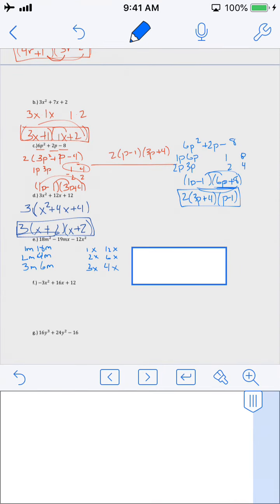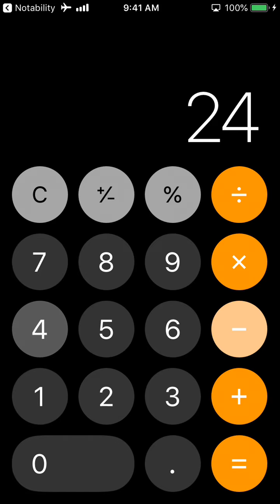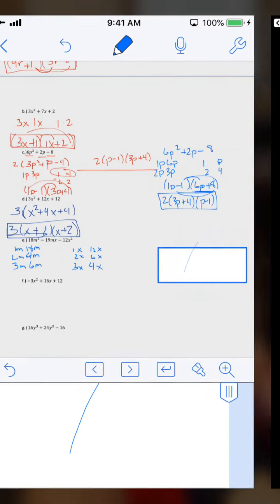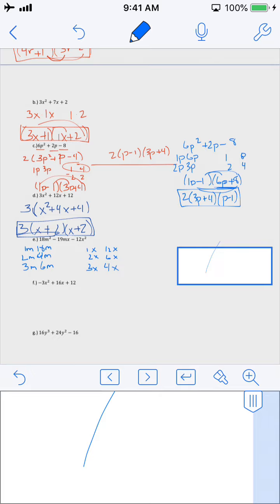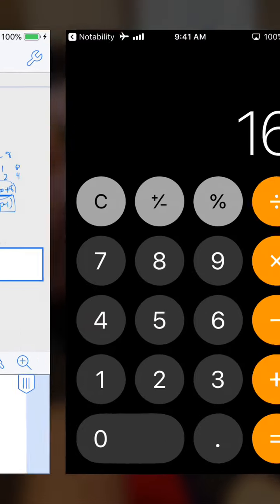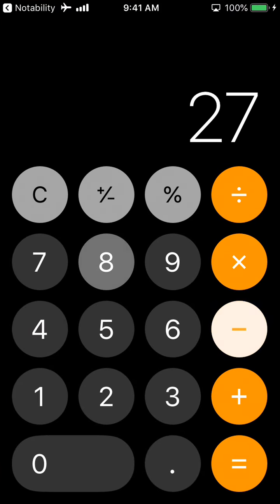Okay, 12 and 9 is 72 and 2. 24 and 9. 18 and 12, 36 and 6. Let's see, 24 and 8. Ooh, 4 minus 8, 16. Close. Oh wait, that's 27. 9 times 3 is 27 minus 8 is 19.